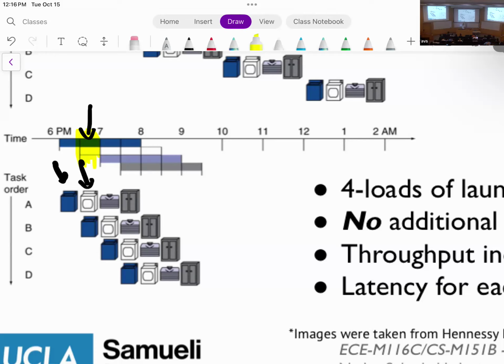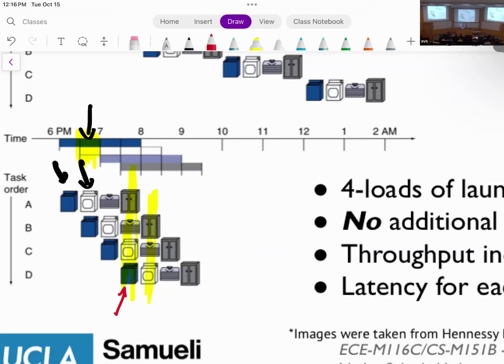But since now they can happen in parallel, there will be a time that all 4 units can be used at the same time, right? So at this moment, all 4 users are using different parts of the system. One is using the washer, the other one is using the dryer, the other one is folding the clothes, and the other one is putting the clothes in the closet, right?